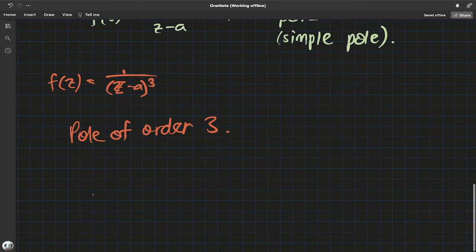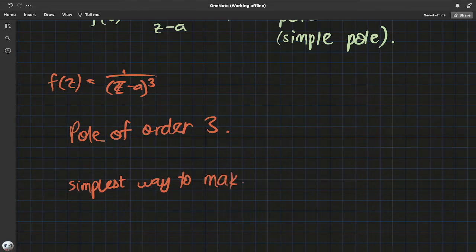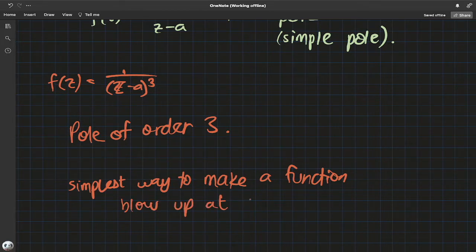So the way I like to think about poles is that it is the simplest way to make a function blow up at the singularity point, say z is equal to a.